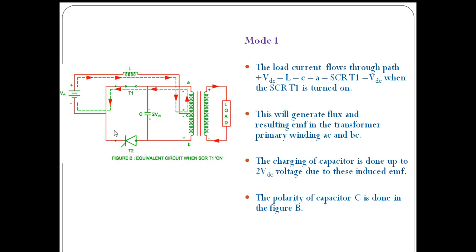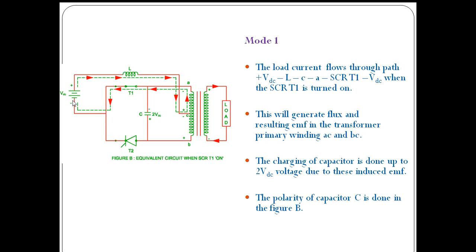This is the circuit operation in mode 1. In mode 1 we turn on thyristor T1. When we turn on thyristor T1, the current flows from the battery through the inductor, through the primary half of the primary winding, and through thyristor T1 back to the DC source.